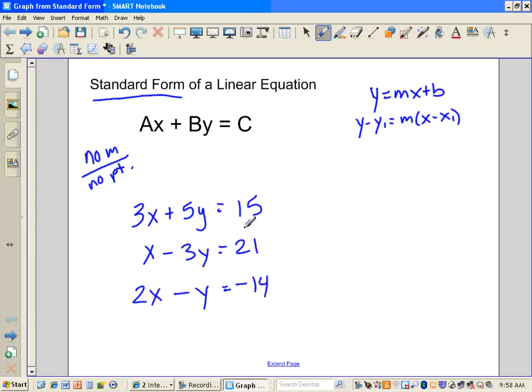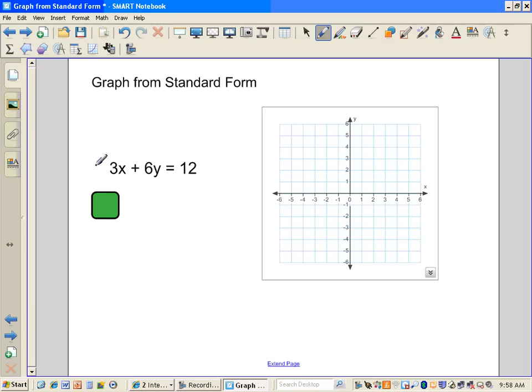We have lots of different ways we can write this, but it's always in the format: the x value and whatever coefficient, a plus or minus sign, the y value and some coefficient, the equal sign, and then the number that's by itself.